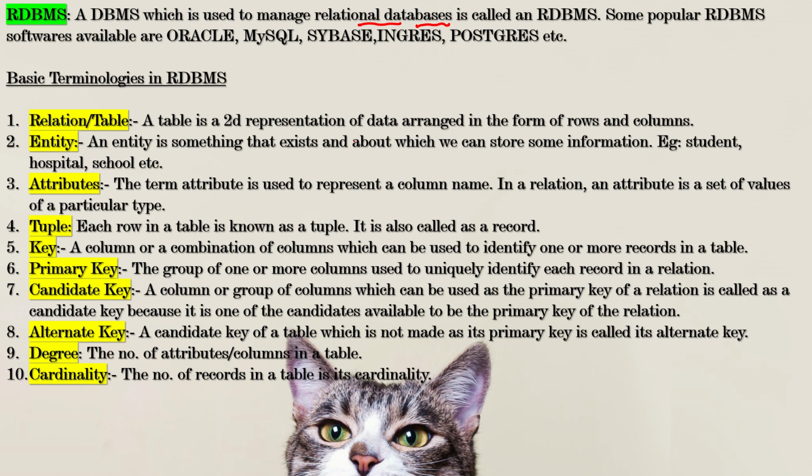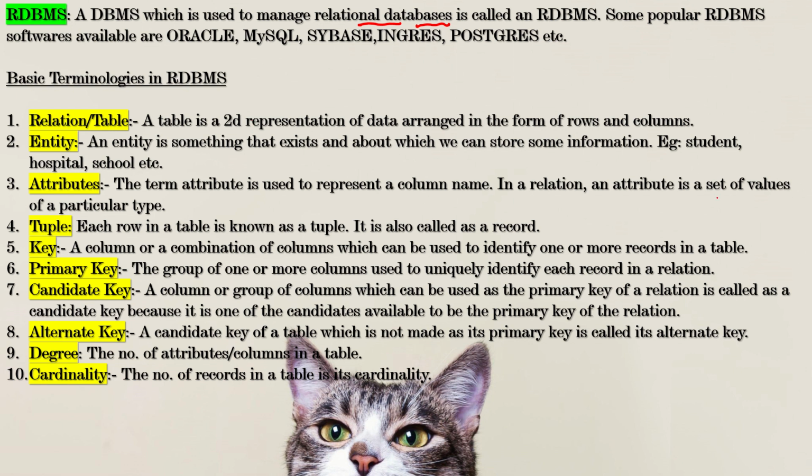Now, some popular RDBMS softwares available are Oracle, MySQL, Sybase, Ingres, Postgres, etc. And here we will only be looking a little bit at RDBMS, that is, we will have to know the basic terminologies in RDBMS, and after that you will be moving completely into an RDBMS software.